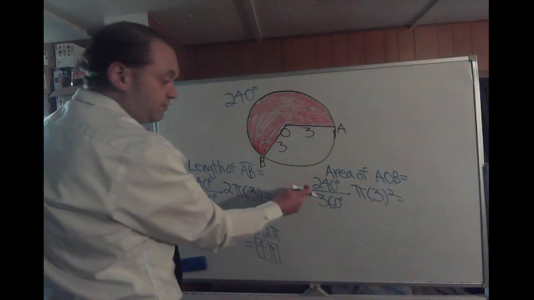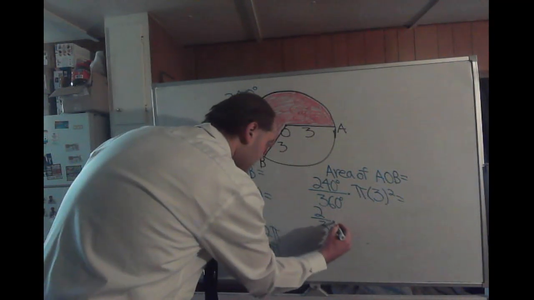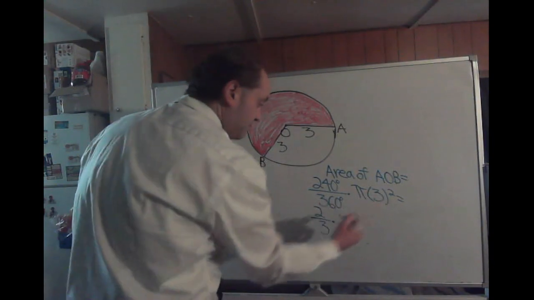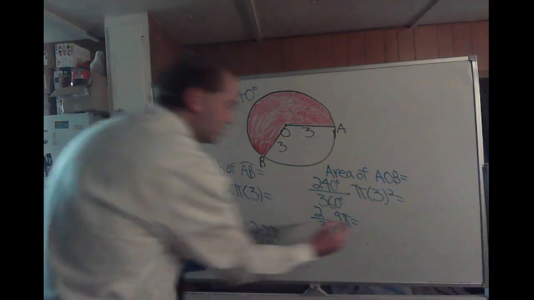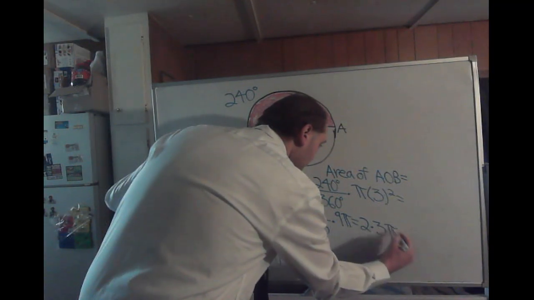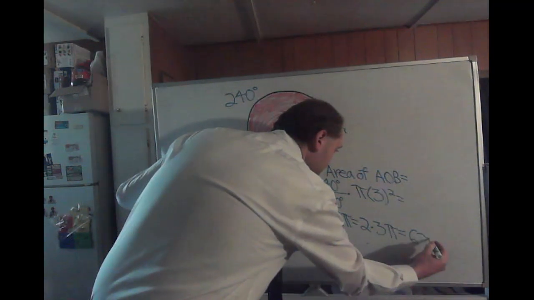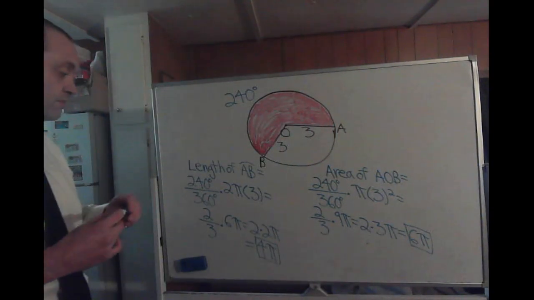Well, we know 240 out of 360 is 2/3. That would be times, what's 3 to the second power? It's 9. That'd be times 9 pi, which would turn into 2 times 3 pi, which means the area of sector AOB would end up being 6 pi.